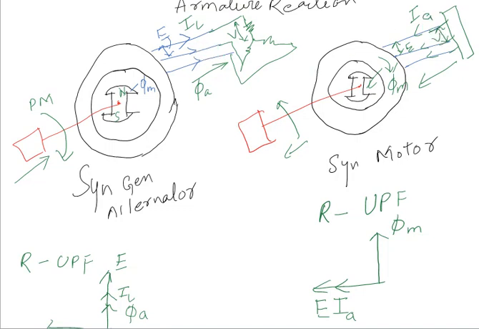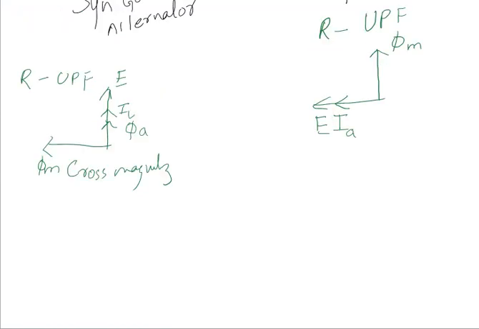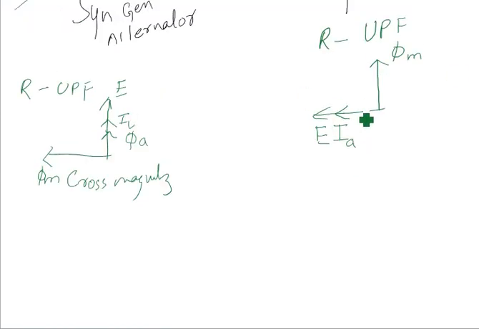So that is the difference here. This armature current IA will make phi A, so that is your cross magnetizing.